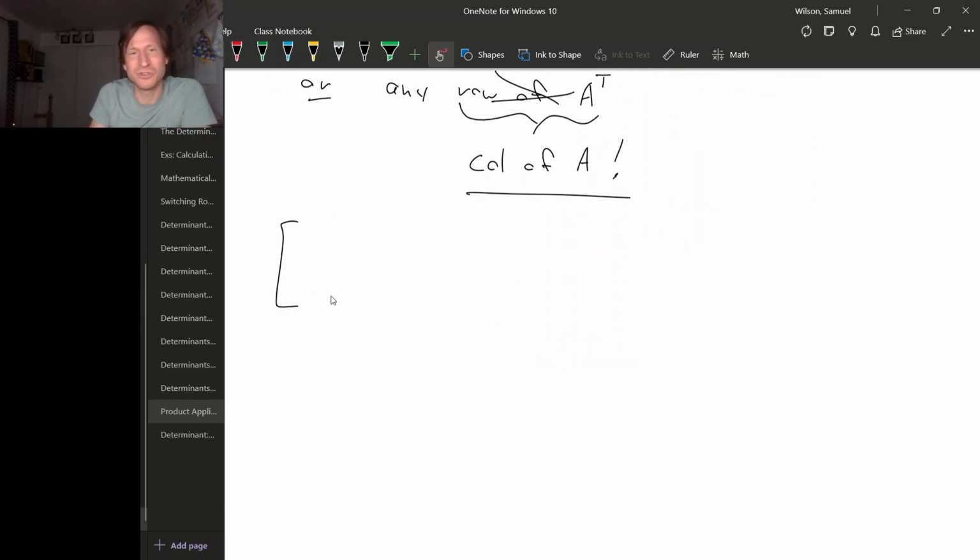How about a 2x2 example? Actually, I guess it better be 3x3 at least. So let me pick smaller numbers. How about 1, 2, -1, 3, 0. Let's give ourselves a 0. 1, 0, 4, -3. Okay, let's expand along the second row.